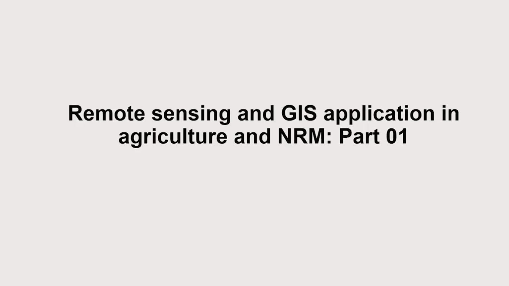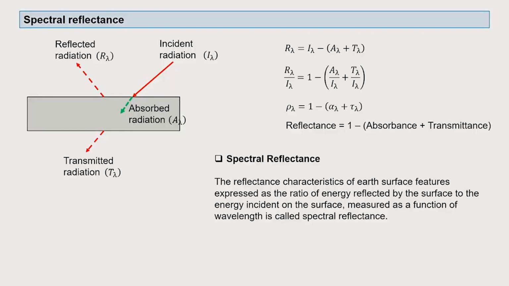So, in continuation with remote sensing and GIS application in agriculture and NRM, we will today discuss different curves of spectral reflectance. Now, in the previous lecture we have discussed different kinds of spectral types, hyperspectral we have discussed.